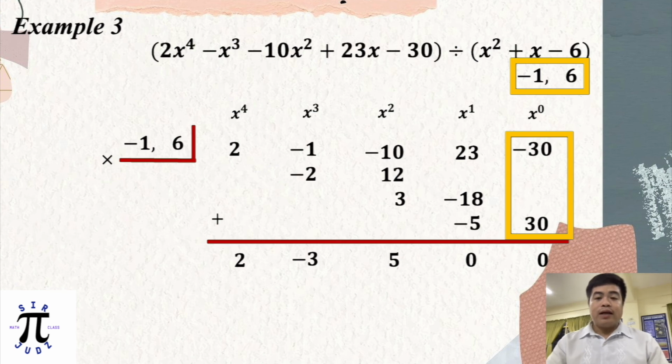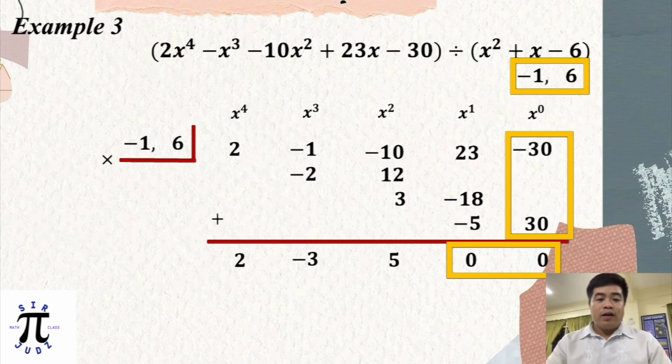So, since trinomial ang divisor mo, which is x squared plus x minus 6, you need to expect that your remainder will be a binomial. So, itong dalawang 0 dito sa right side, that will serve as your remainder. Okay? So, yung dalawang yan yung magiging remainder mo.